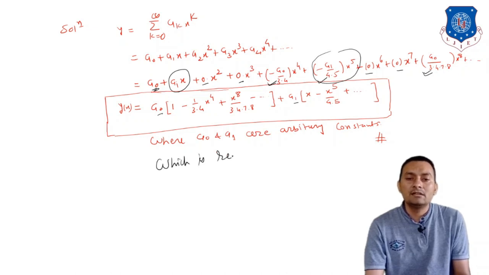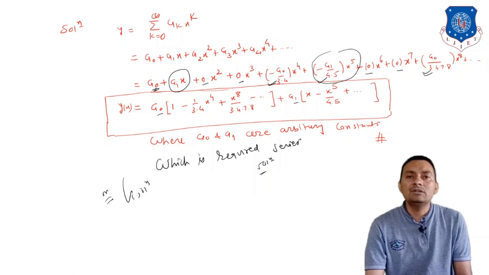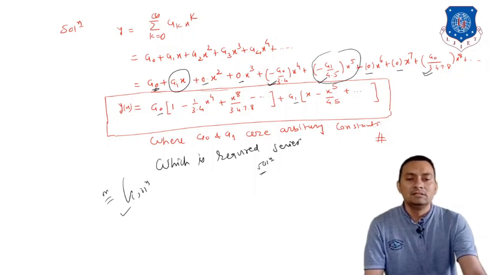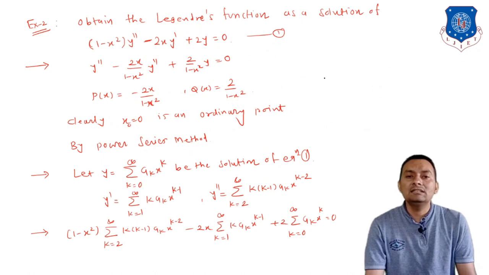You also know that this is the general solution, because the order is 2 and it should have 2 arbitrary constants in the general solution, and we have that. Therefore it is the general solution, or you can say the required series solution.